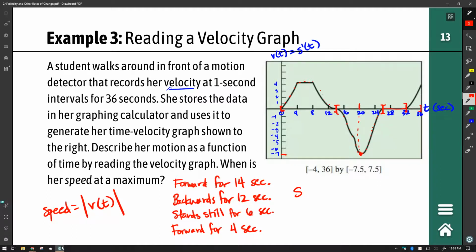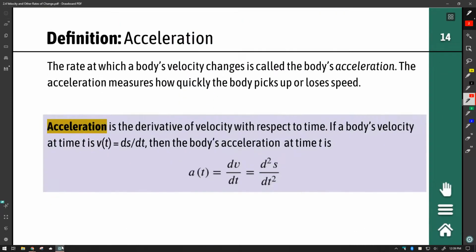So speed is a maximum at time t equals 20 seconds. And even though this looks like a minimum on the graph, speed itself is a maximum because this is the largest absolute value of velocity.